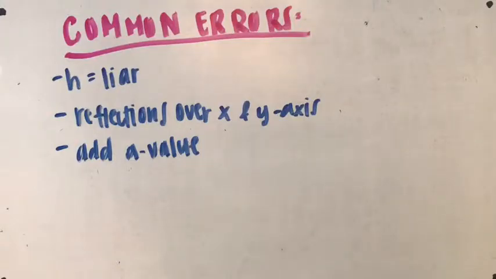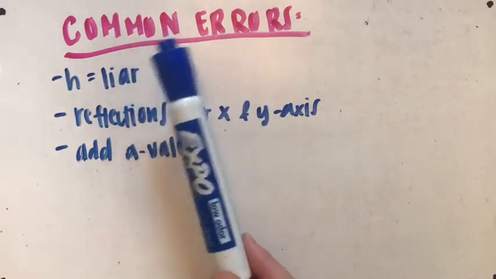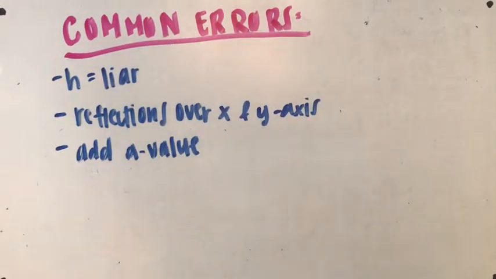There are a few common errors when graphing exponential functions. So this first one happens when graphing any type of function, is to always remember that the h value is the liar. So if it has a plus sign, then it means it's translated to the left, and if it has a minus sign, it's translated to the right. That's just how it is.